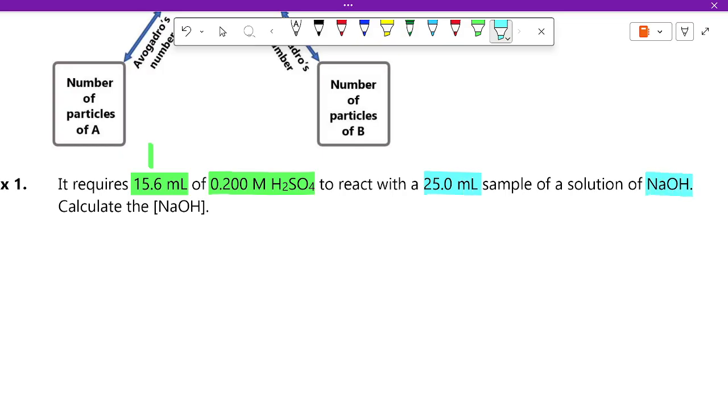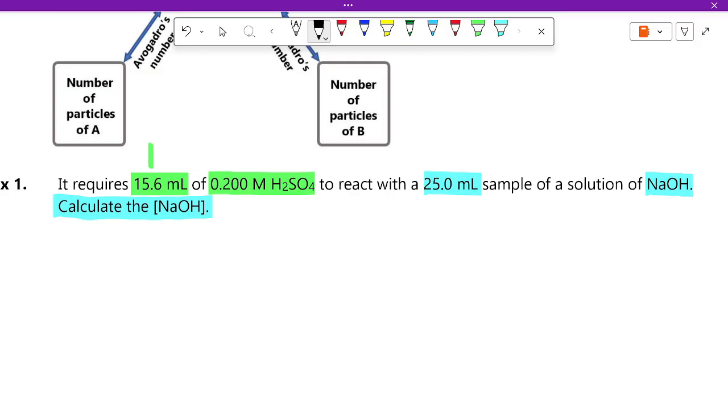And they want you to calculate the concentration of NaOH. This doesn't even say anything about a titration, does it? It just says, here we have two chemicals, we are reacting them, and what's the concentration of the second one?